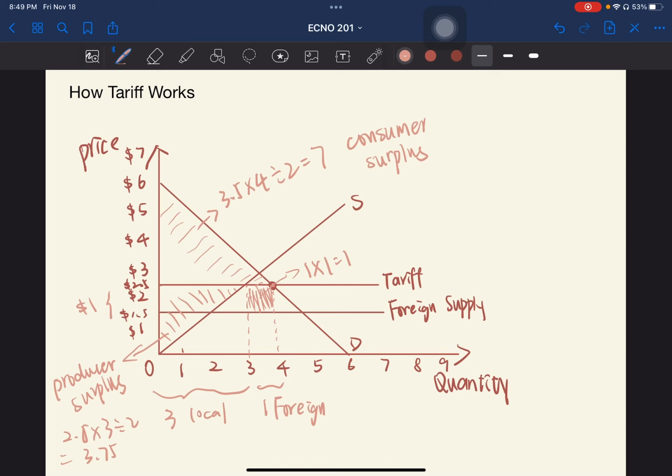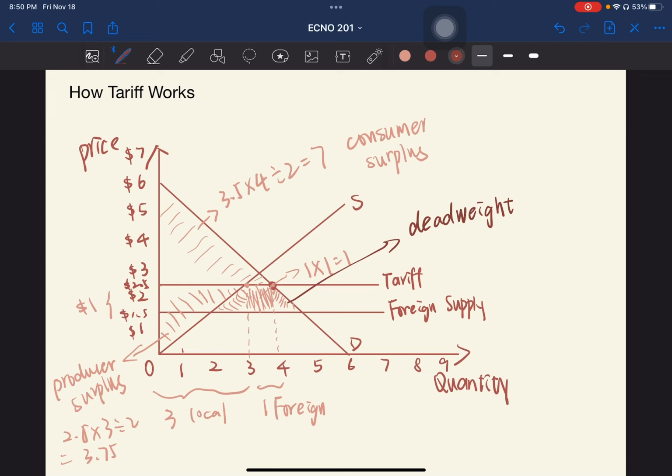And what about these 2 little triangles here? Who will gain the profit from these 2 parts? The answer is no one will gain the profit from these 2 parts because they are the deadweight loss, and because they sacrifice it to gain more customers to buy the local products.